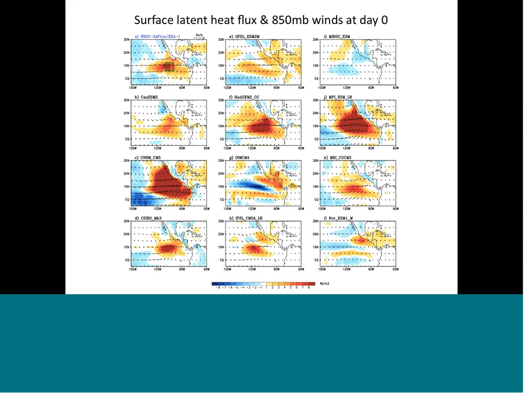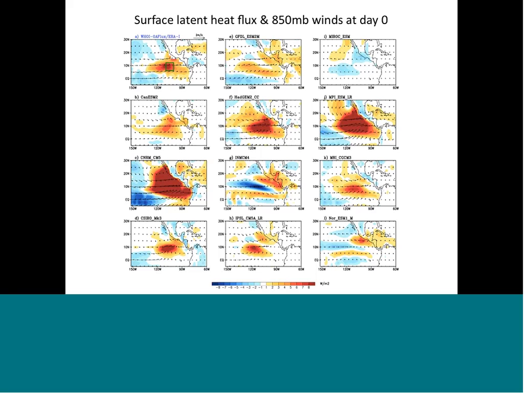The pattern is derived based on regression at day 0 against the rainfall over the Eastern Pacific domain, as labeled by the green square in the upper left panel. Based on the observations, associated with the enhanced convection, there are southwesterly anomalies and enhanced latent heat flux. This configuration of anomalous latent heat flux and anomalous wind is reasonably well captured in several models.